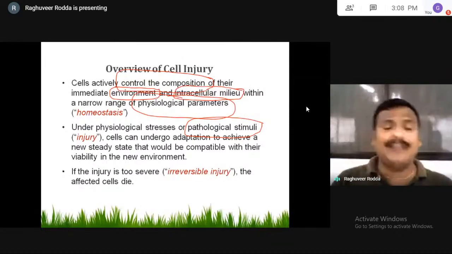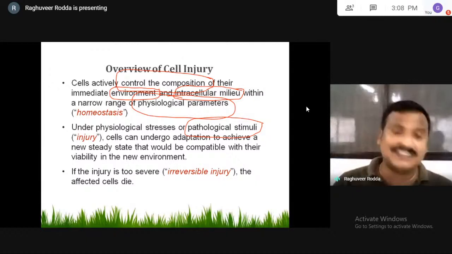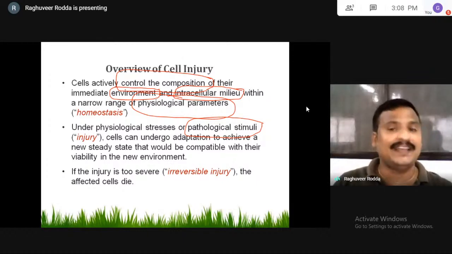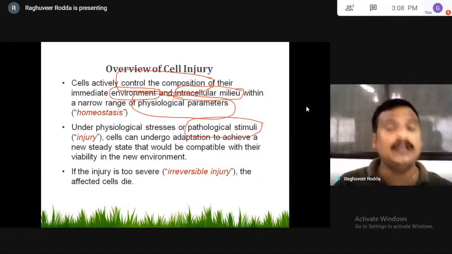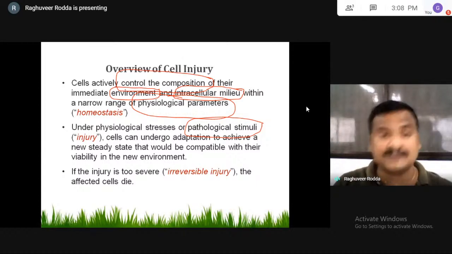So, when the cell encounters a physiological stress, a demand beyond its original function, and a pathological stimulus, an abnormal, non-regular thing, stress by injuries, stress by infections, stress by the presence of foreign substances.